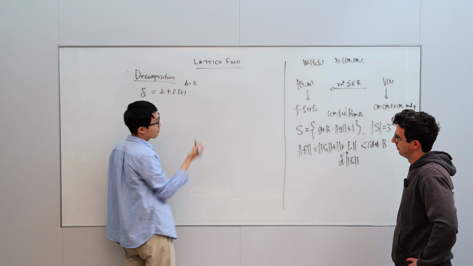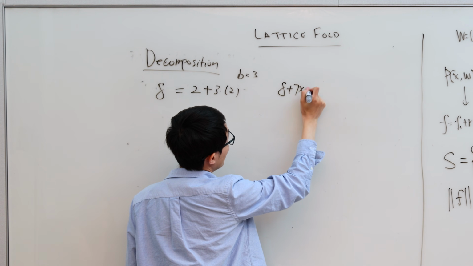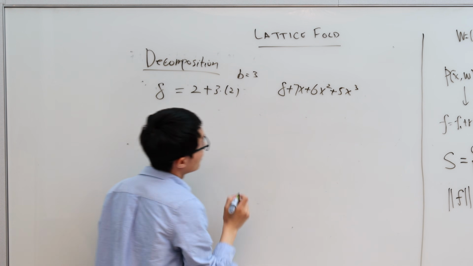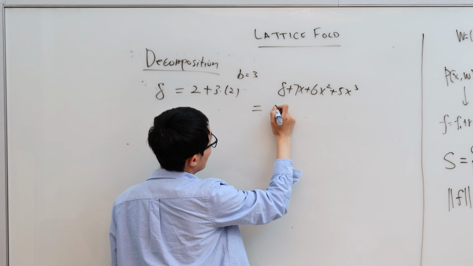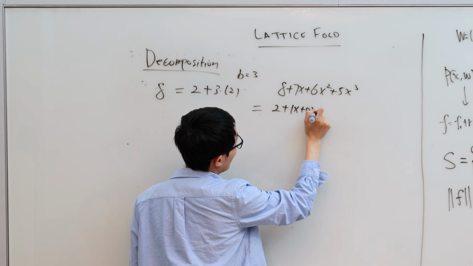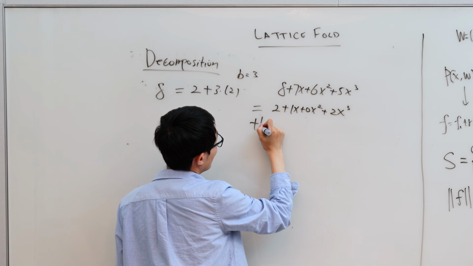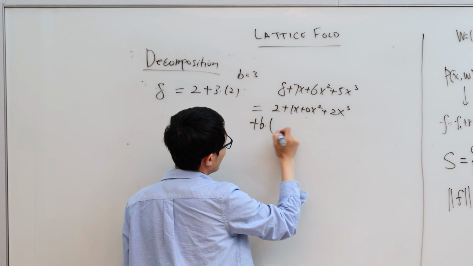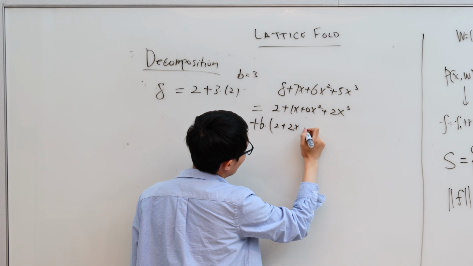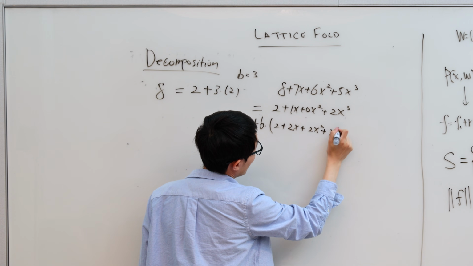Similar things hold for polynomials as well. For example, if you have 8 plus 7x plus 6x squared plus 5x cubed, you can write it as 2 plus 1x plus 0x squared plus 2x cubed, plus b, which is 3, times 2 plus 2x plus 2x squared plus 1x cubed.